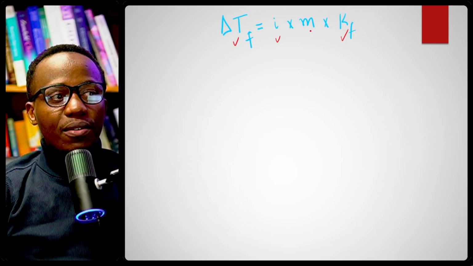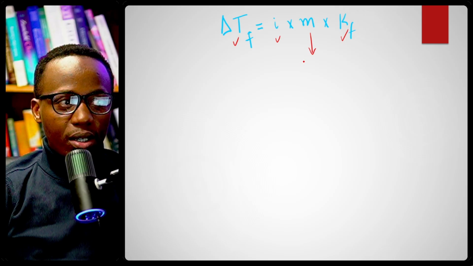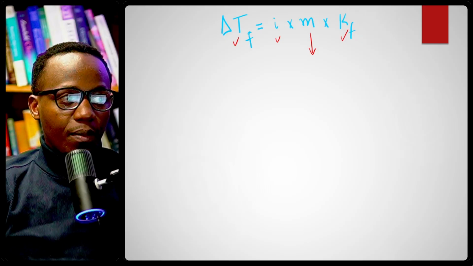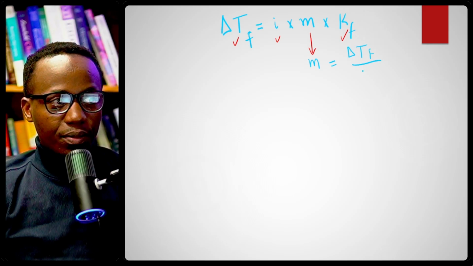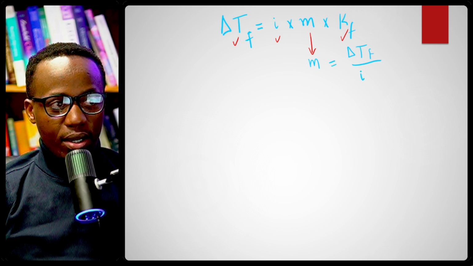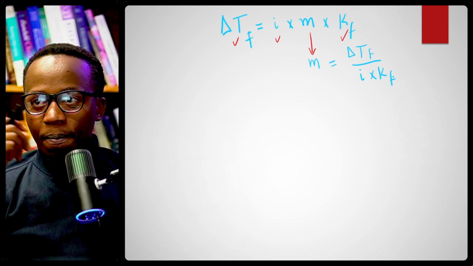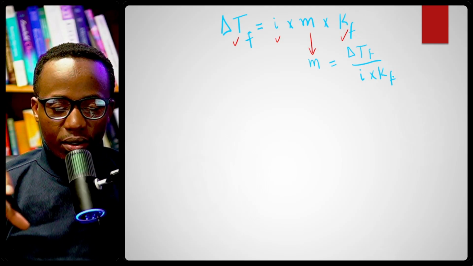And that means that you can find the molality. If you move this around, m will be equal to delta TF over i times KF. So we can find the molality from here.